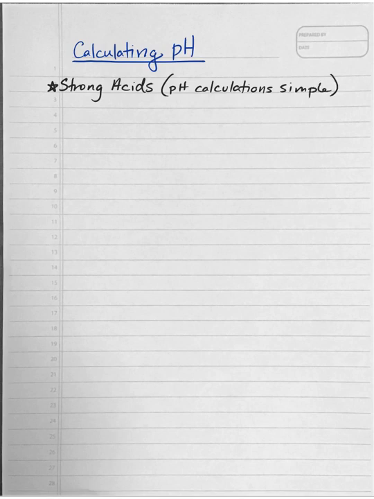For strong acids, calculating pH is really simple. The reason it's simple is that the acid fully dissociates.